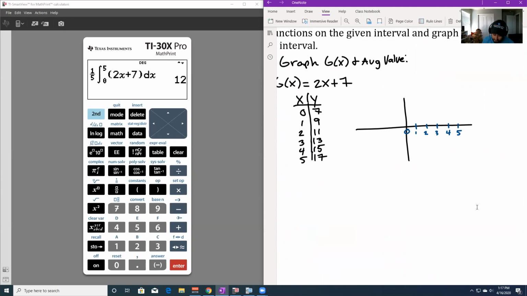So I'll just make my y values that. Can I get closer and label these? Probably. All right. So 7, 9, 11, 13, 15, 17. Okay, and graph.